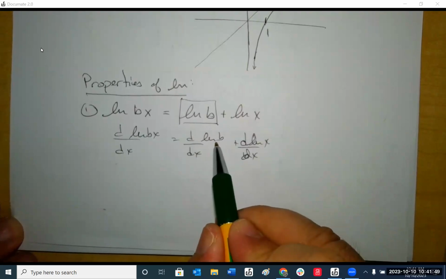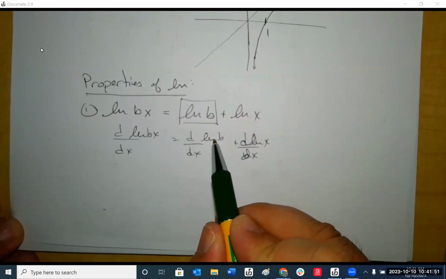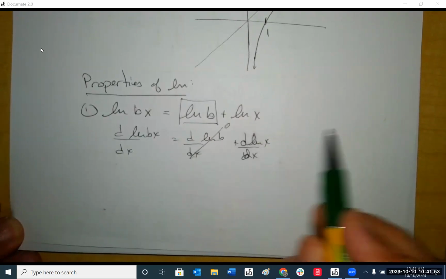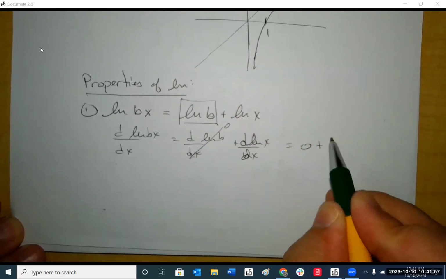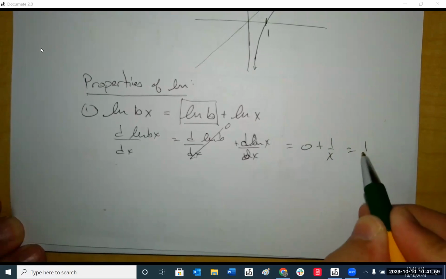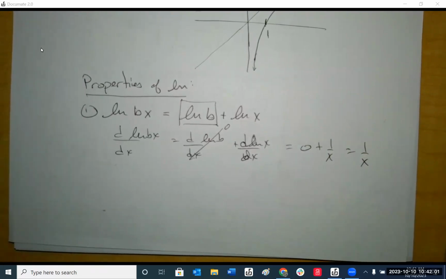What's the derivative of a constant? 0. And the derivative of ln x? 1 over x. So that's how we got 1 over x. It'll always be the case.